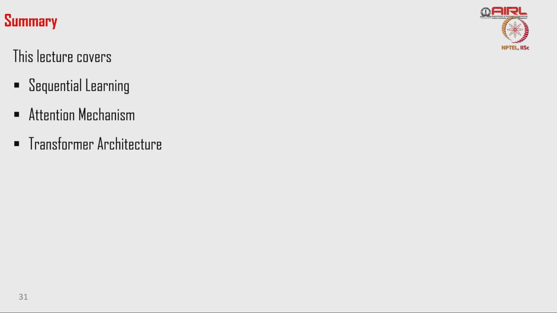Okay. So to summarize this lecture, we focused more on the sequential learning task. We quickly did a review of the RNN and LSTM. We saw how the architecture focuses more on long term dependency. We also saw the motivation for attention mechanism.